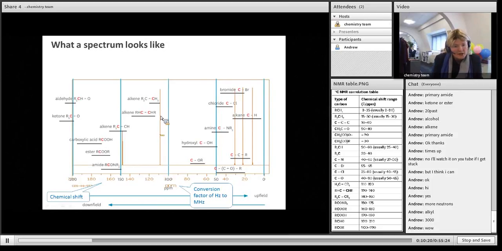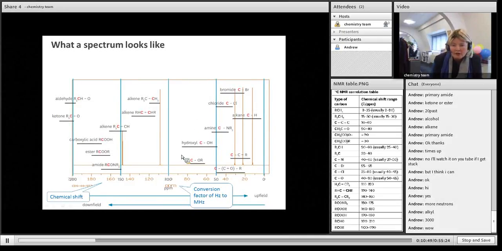Then between 100 and 150 is the alkenes, so the C double bond C. A double bond de-shields the carbon. It takes electron density and draws it all into the one place, so the nucleus is affected, and that's why it's so far downfield. Oxygen, being electronegative, de-shields it more, and that's why the carbonyls are further downfield than the C double bond C.